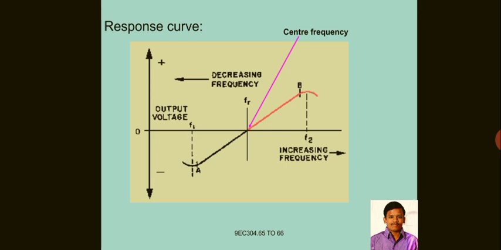Similarly, whenever the input frequency is less than the center or resonance frequency, because of the capacitive reactance the output will be negative, so it goes below the 0 value, marked in black. So this is the response of the circuit with frequency.